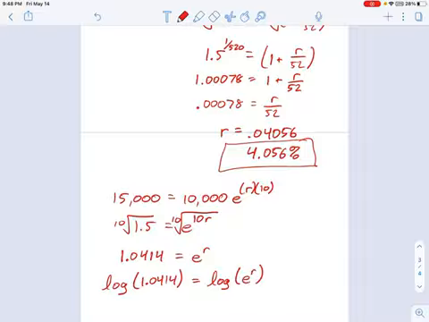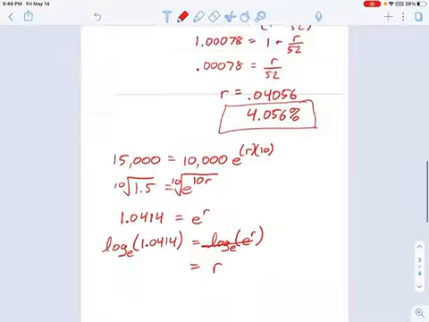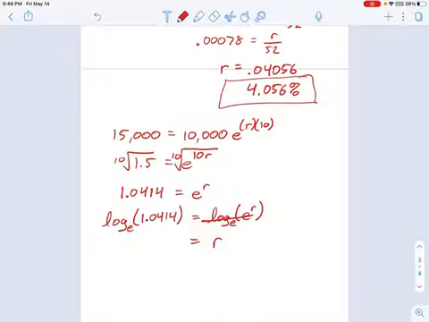And a wise choice in base would be e, because that's going to cancel things out on the right nicely. The log base e cancels out the e, and you're left with r by the power rule. On the left, this is a calculation you can just plug into the calculator. That's what they're for. So I'm going to say that equals, let's see, calculator says 0.04055 is your interest rate.